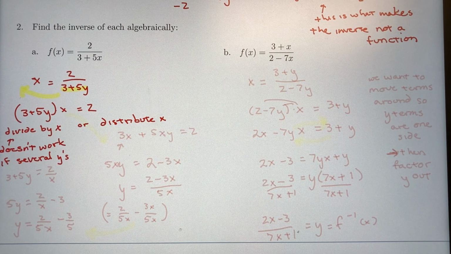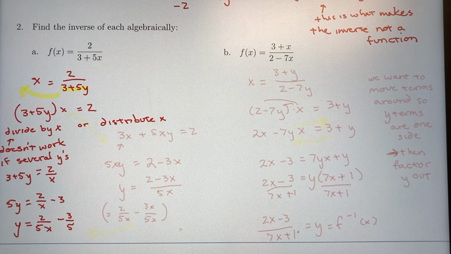So dividing by x, we have 3 plus 5y is 2 over x. Move the 3 over. Then divide everything by 5. Make sure you divide each term by 5. If you divide a fraction by 5, you put 5 into the bottom.